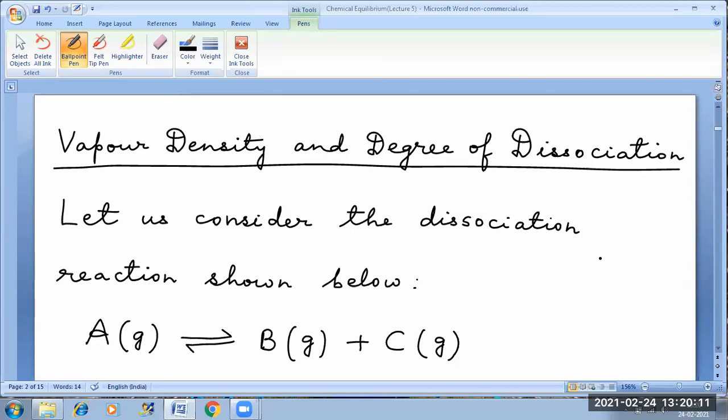So A is dissociating to form B and C. All these are gaseous. This is the example that we have taken in order to understand degree of dissociation and vapor density. Let's see how they are related.